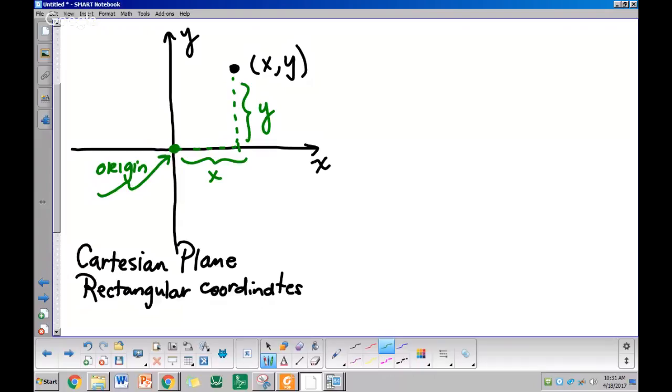Well, I can also give directions in a different way. I want you to head northeast for a mile. Northeast is an angle, but I have to give it a reference point. Instead of the origin, it's going to be called the pole.